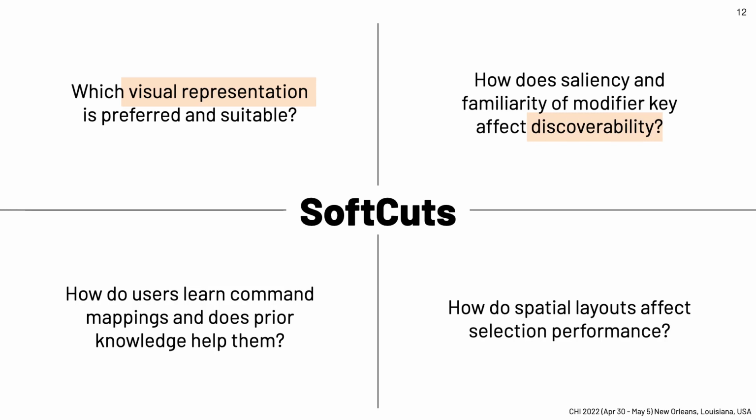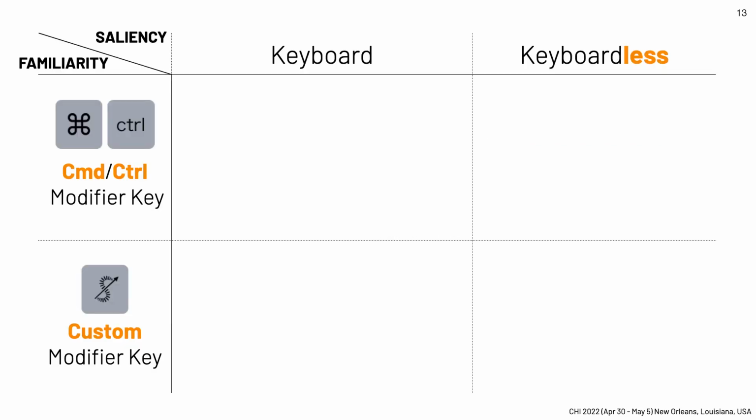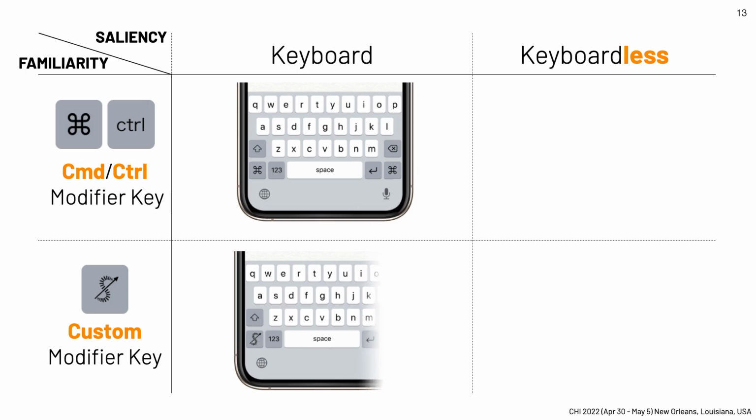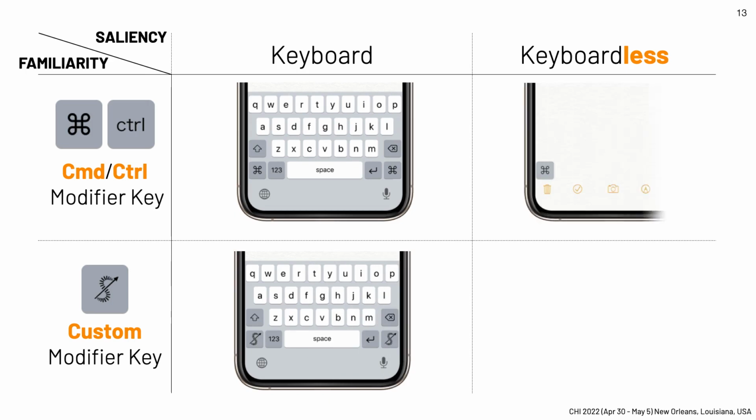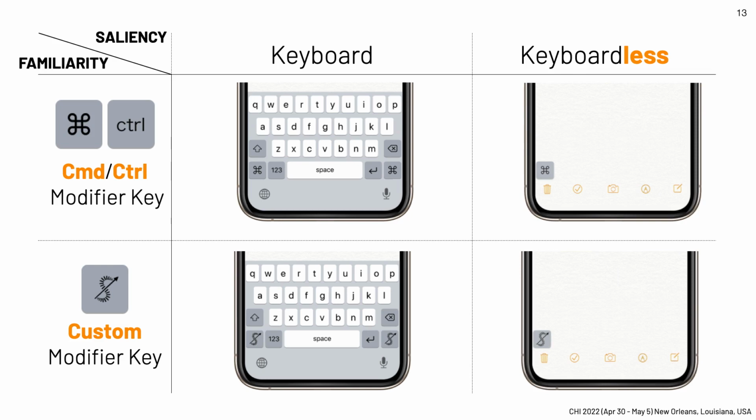Moving on to our second experiment, we studied how discoverability of Softcuts is affected by familiarity and saliency of modifier keys. We used the same Notes app prototype but varied the type of modifier keys used, and also varied the saliency of the modifier keys between keyboard and keyboardless conditions.